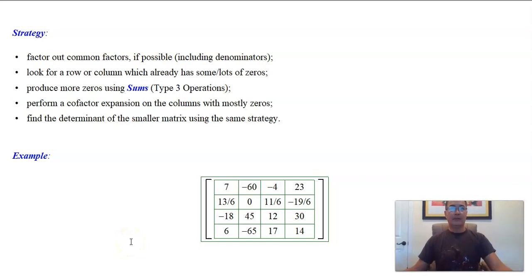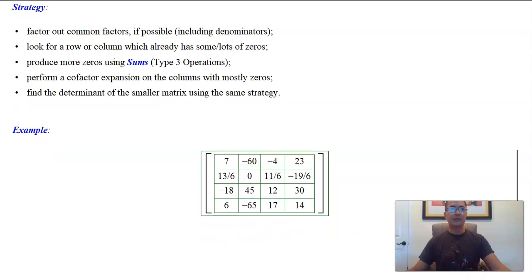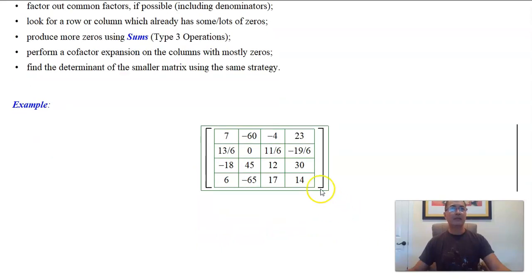Okay, so here we go. Employ this strategy. First thing we can do is factor out the 1/6. When we do that, at the end, we need to multiply whatever determinant we get by the 1/6. So I have written that in the past as 'I owe' determinant of A, I owe it 1/6 for what I am about to do.